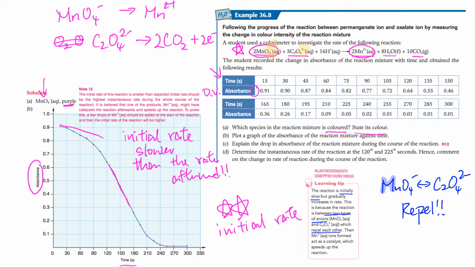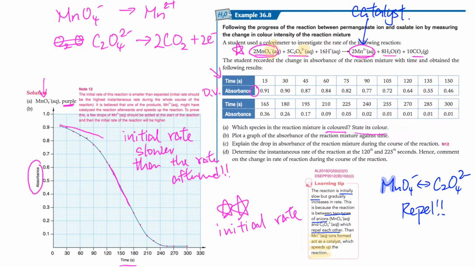But luckily in the process, we produce Mn2+. This is a transition metal ion. This can be used as a catalyst. It can catalyze the whole reaction, speeding it up. So as time goes by, they produce some Mn2+, which acts as a catalyst to catalyze the whole reaction.